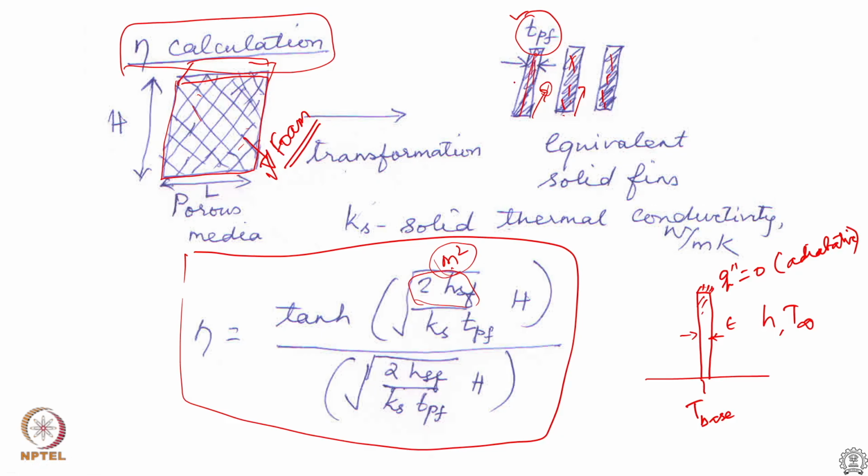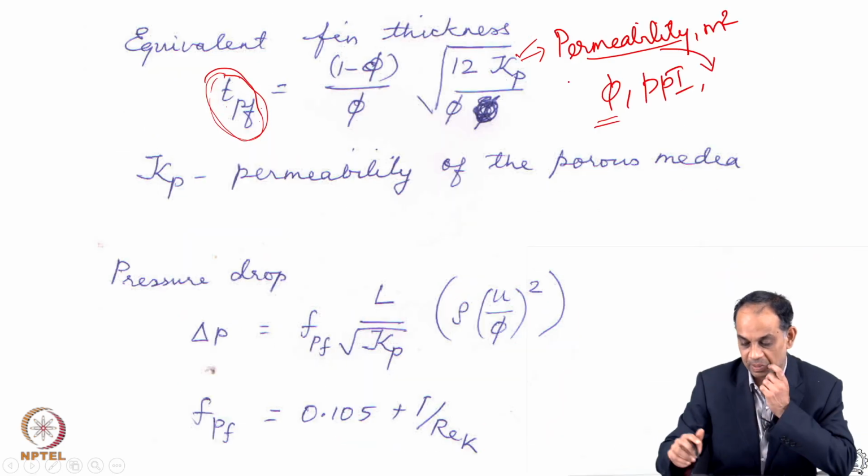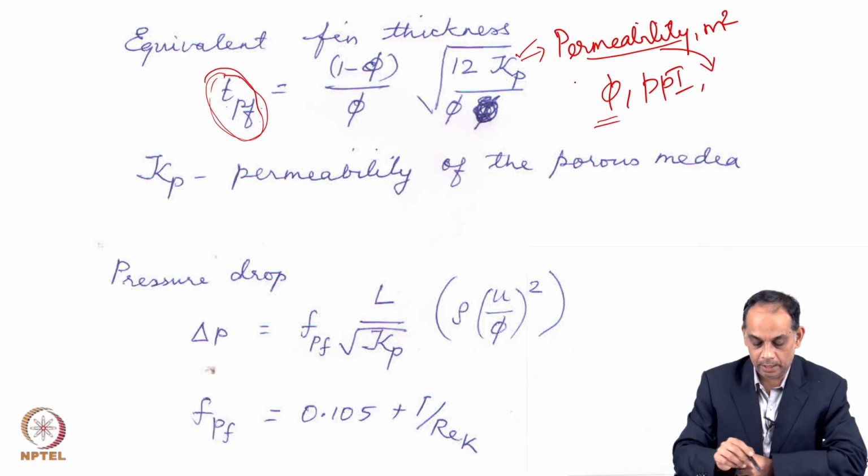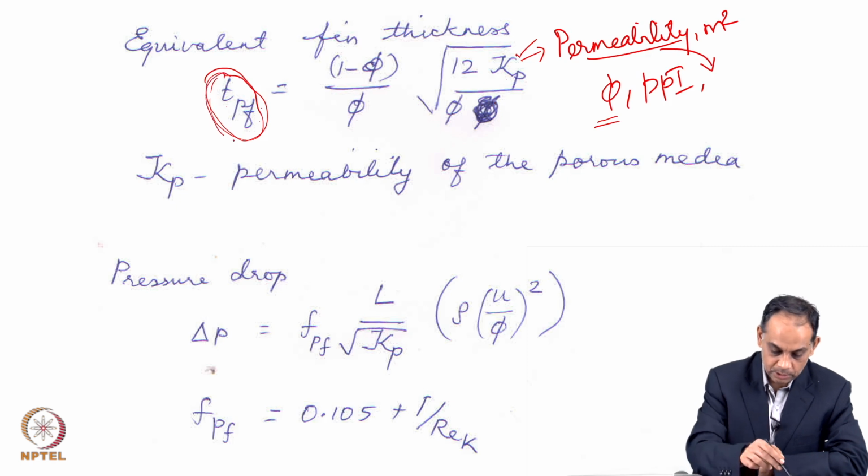So we move all the solid, which is distributed in a reticulated manner, into some n number of solid fins as an approximation, and we obtain that permeability, and from this we get a thickness.